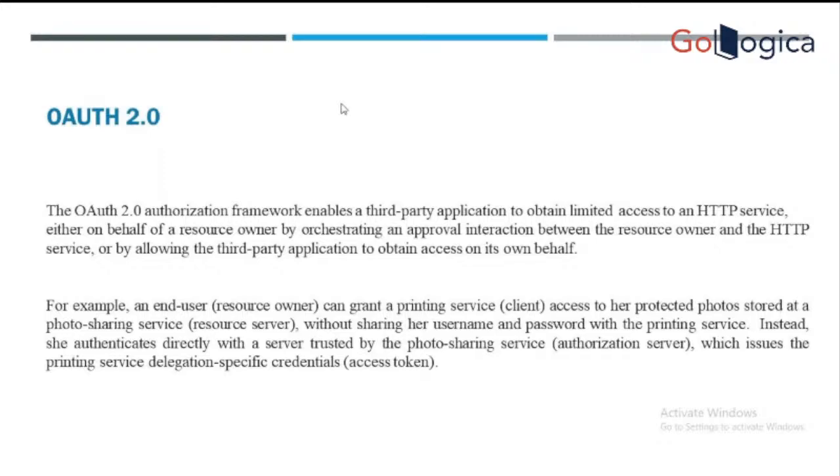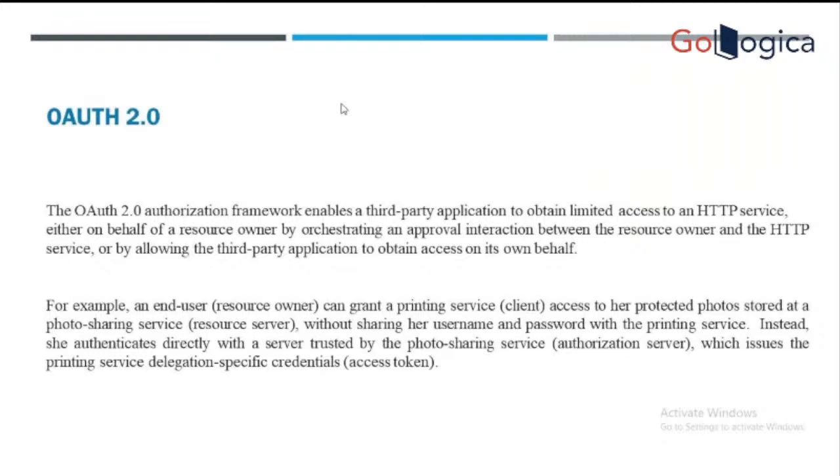Limited access means the access which is given by our service provider or authenticated by our identity provider, and it behaves on behalf of the resource owner.